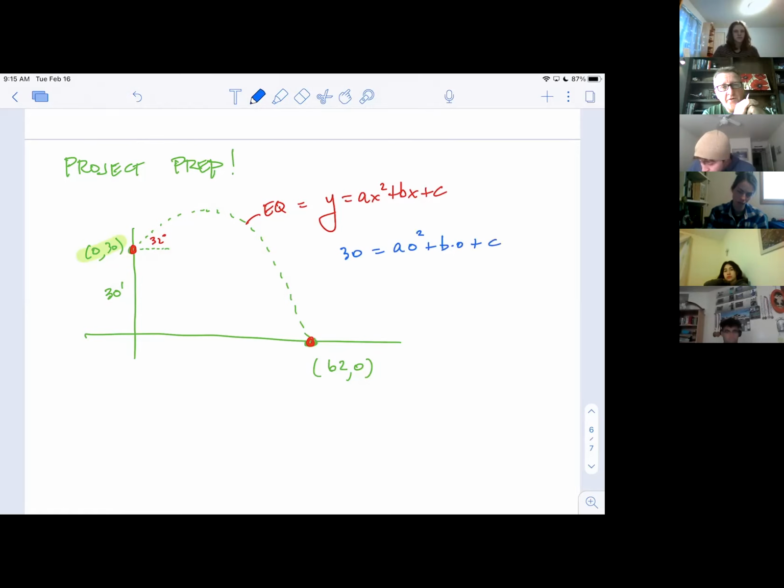So notice x is 0 causes the b and the c to cancel out, and so c would have to be 30. And in the end, maybe you've memorized that from other places. Isn't c the y-intercept? But you don't have to memorize that. Reason it out. So you actually know c is 30.